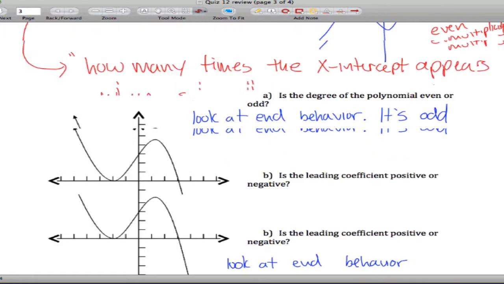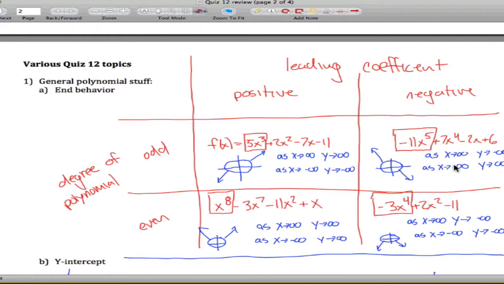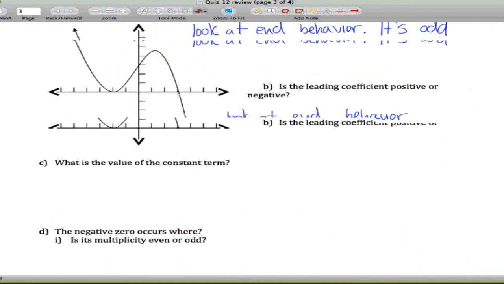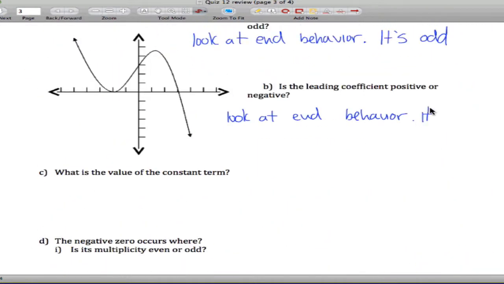As we already alluded to, we're in this case here, and this case corresponds with a negative leading coefficient and an odd degree, which we already talked about. It's negative. Because it goes down when it goes to the right, it's negative. Up when it goes to the right, it's positive.